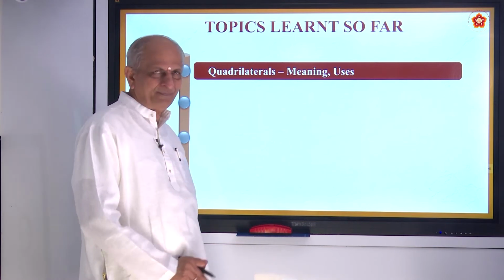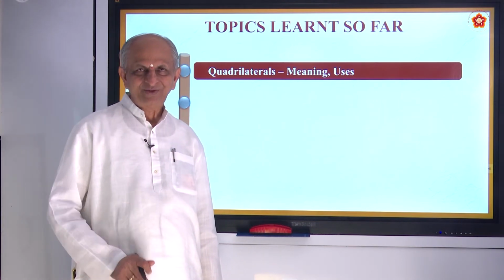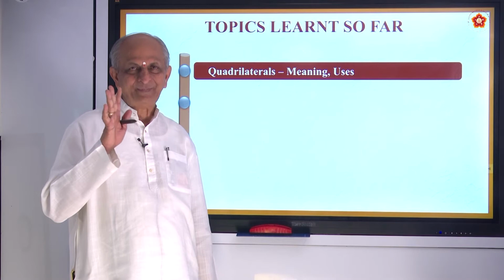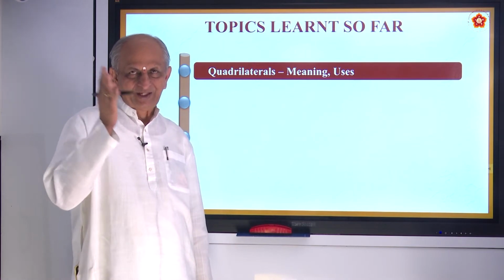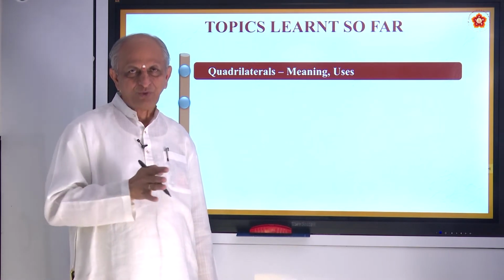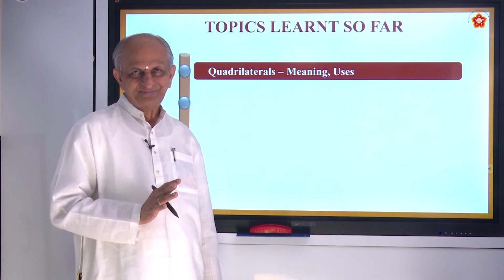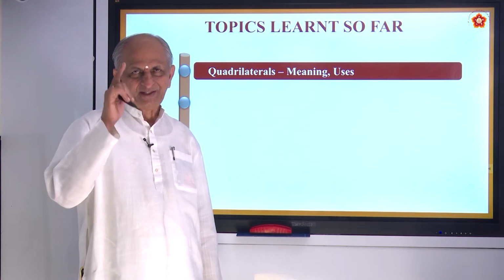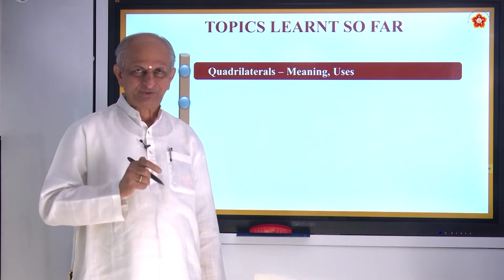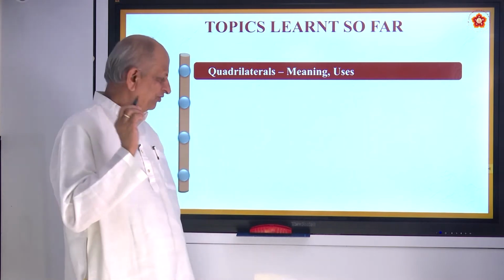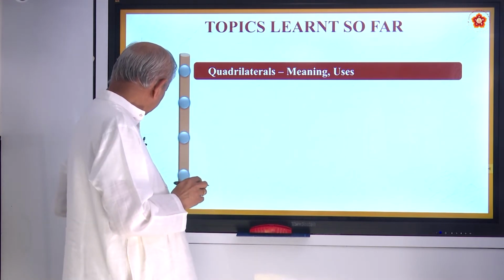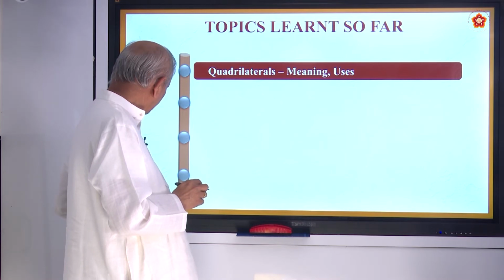So, quadri means what? 4. Lateral means sides. So, a plane figure having 4 sides, 2 of which meet at a point called a vertex. So, 4 vertices, 4 sides, then what? 4 angles.